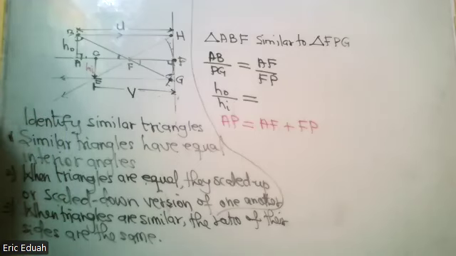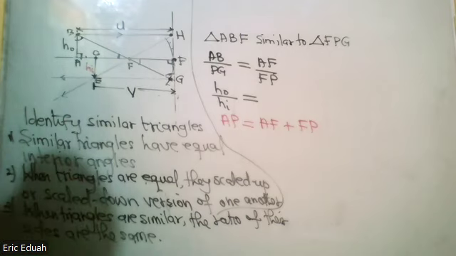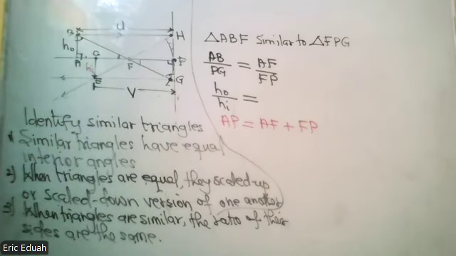I want somebody to look at it and tell us what AP is. Anybody, what is AP? Please, whatever you see, share with us. What do you think is AP? Please, you.